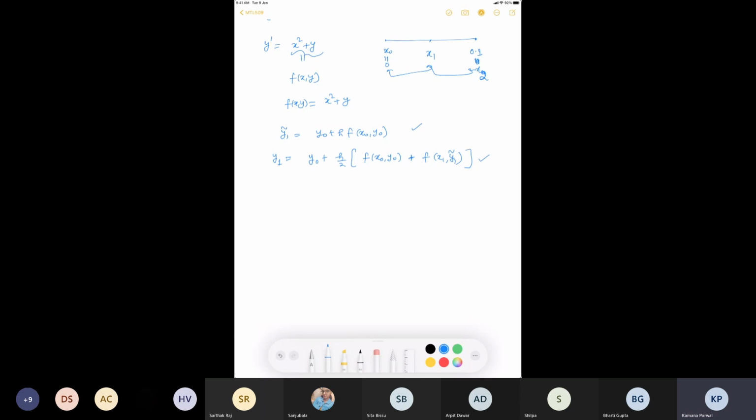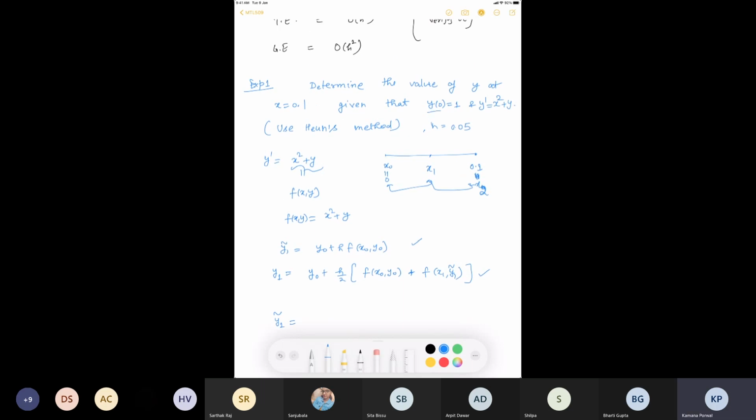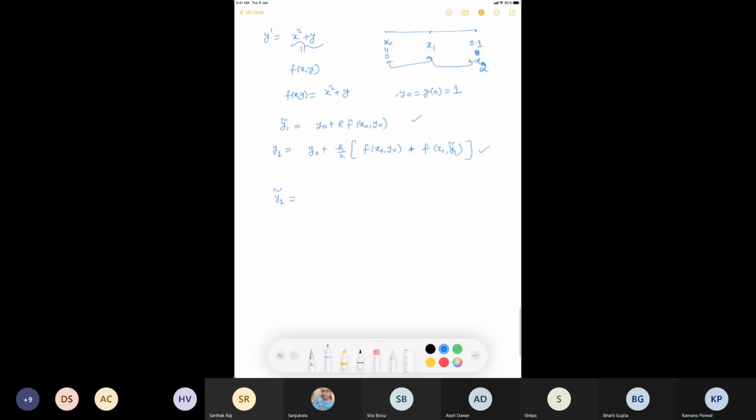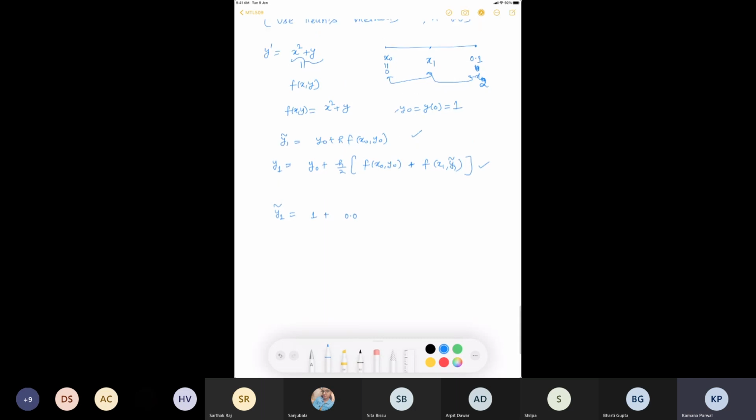So what is y1 tilde? y1 tilde is y0, which is the same as y at 0, which is given to be 1. So this is 1 plus h by 2. Okay, we are computing y1 tilde.